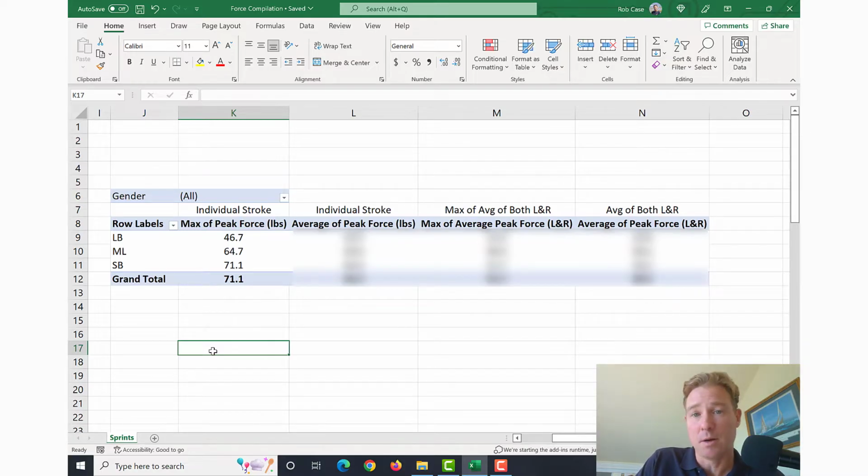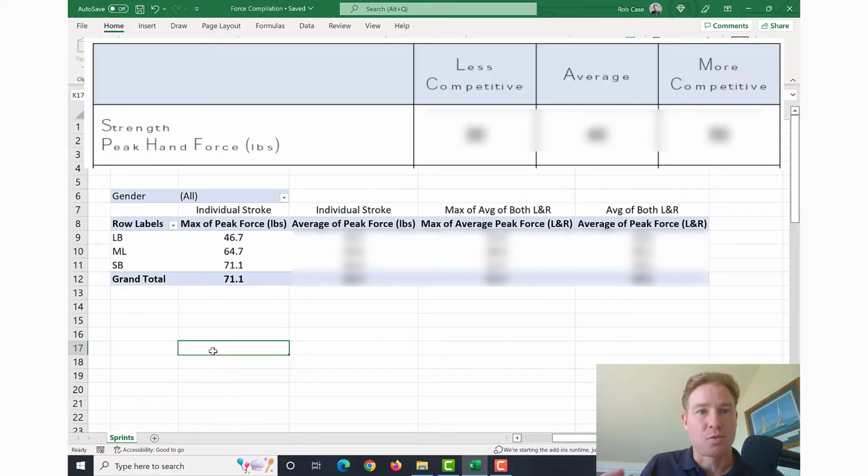Now that's pretty darn high in comparison to the swim world, because I do have metrics to compare it to. And the metric I'm looking at has data based off of what they call the average swimmer versus the more competitive swimmer versus the less competitive swimmer. So the less competitive swimmer might be someone that just swims laps. The average swimmer would be somebody that swims laps, but sometimes is on a team at the average team level.